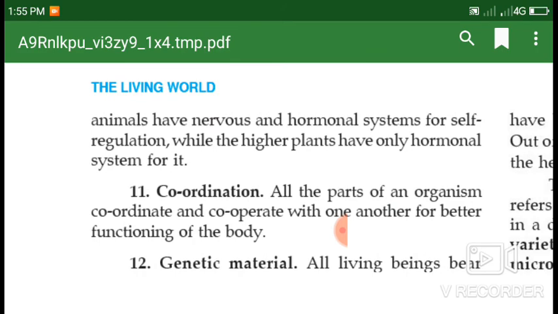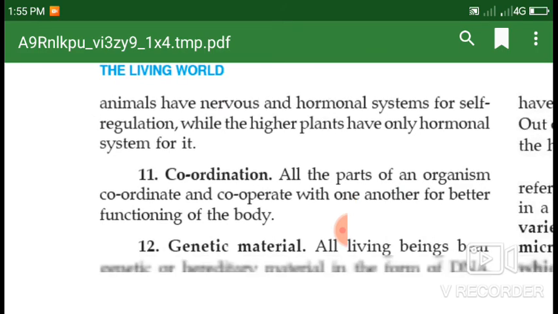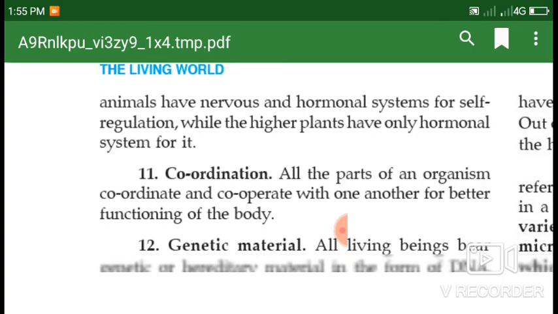So animals have a nervous and hormonal system for self regulation, while higher plants have only a hormonal system. The nervous system enables you to function effectively.